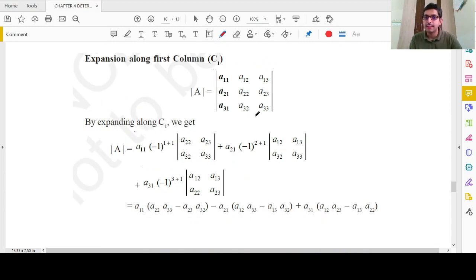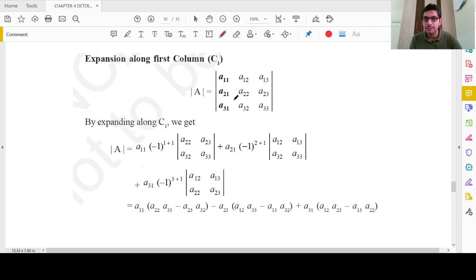So one more example, using expansion along the first column. So determinant of A, in the first column the elements are A11, A21, A31. Again using the same procedure, minus 1 to the power 1 plus 1, because for A11 that is the sum of the suffixes. Then the determinant obtained by deleting first row, first column, so that is A22, A23, A32, A33.